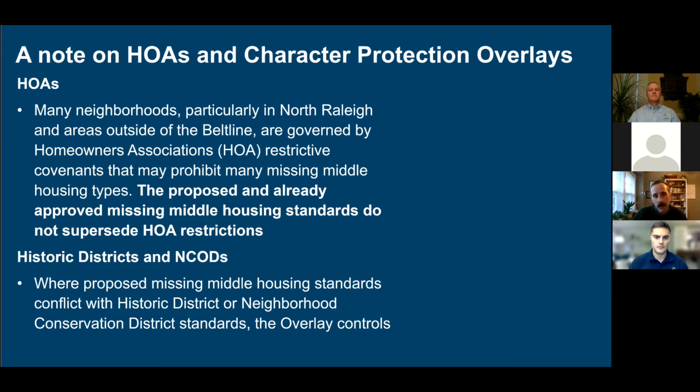And just want to be very clear here that the proposed text change, as well as those already approved standards, do not supersede HOA restrictions. So any neighborhood that is governed by an HOA deed restriction on missing middle housing, that will remain, and that will rule the day in those areas.